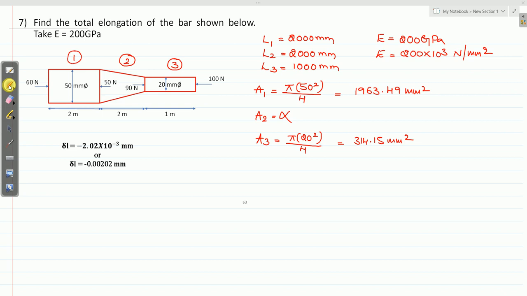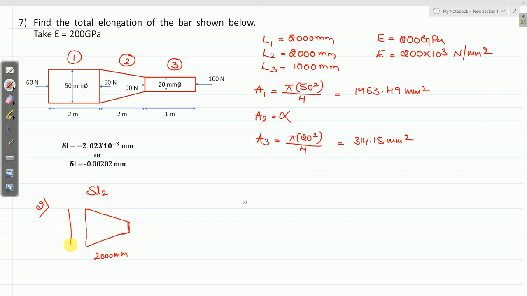So let me calculate delta L2, which is elongation for second section. See here, it is uniformly tapering circular section. So length of section 2000 millimeter.